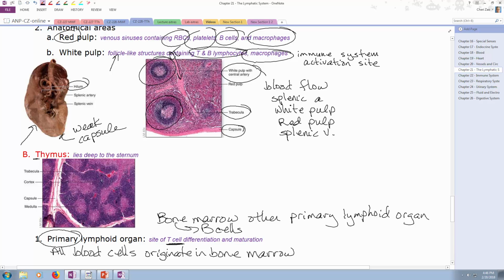The capsule looks very different. If you take a look at your picture of the lymph node, the capsule of the spleen looks very different than the capsule of a lymph node. If you'll notice, it doesn't have a lot of spaces underneath it for a subcapsular sinus. Then when you take a look at the thymus, I see no nodular follicle pattern here.